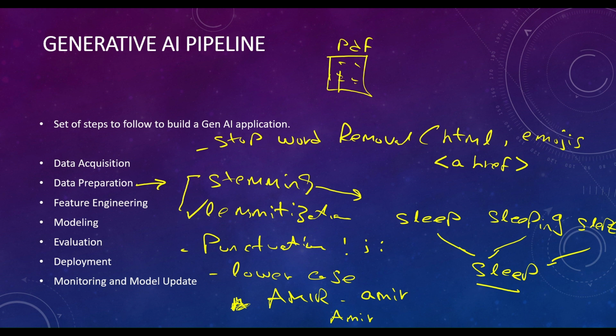For the feature engineering, we'll be using the transformer model, which most of the generative AI models use. For all the next steps, we'll be working in the next videos in Python, and there we will see how to perform the whole generative AI pipeline using Python code.